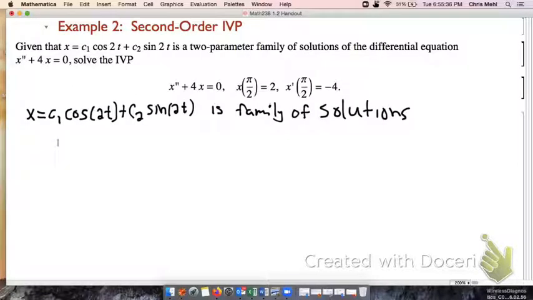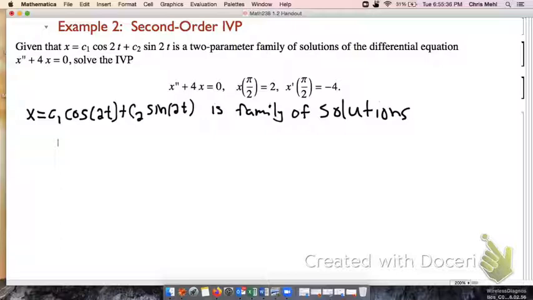And so once we learn a method for solving differential equations, there's going to be two types, just like when you integrate. You can integrate a function to find the family of antiderivatives, or given certain conditions, you can find the particular antiderivative.